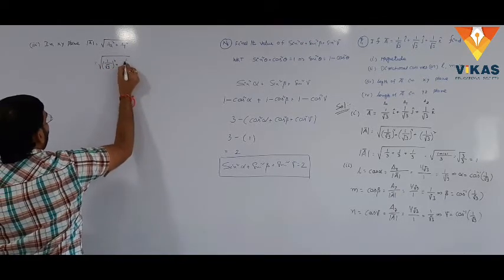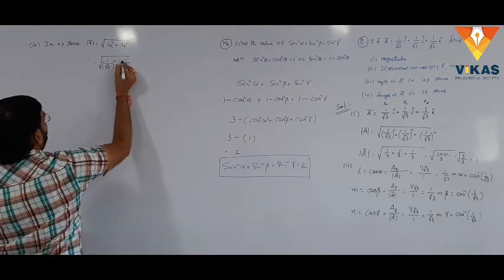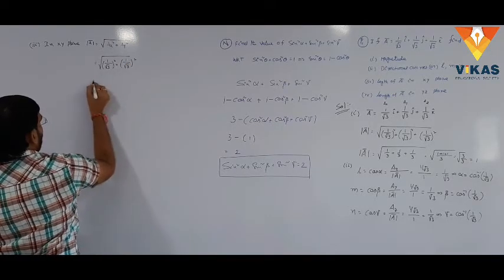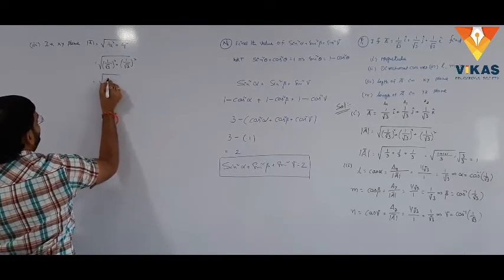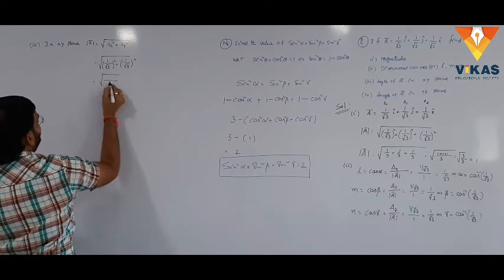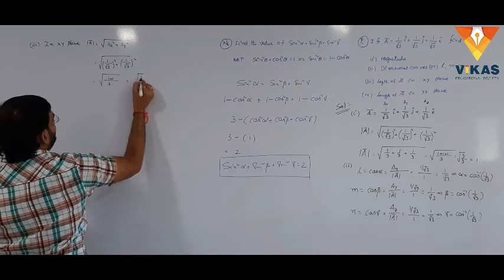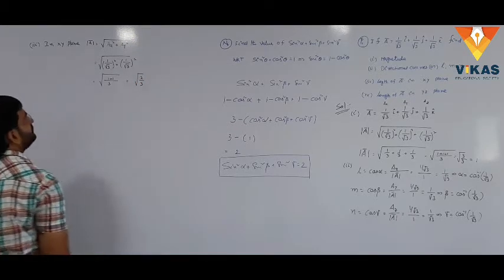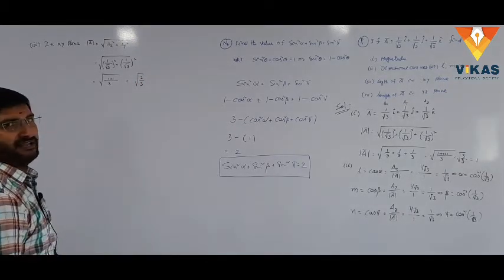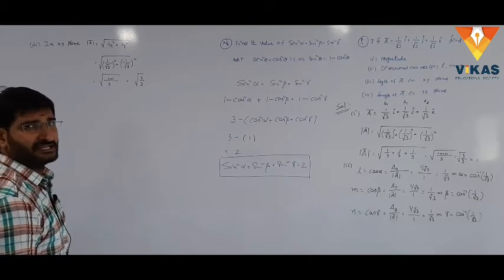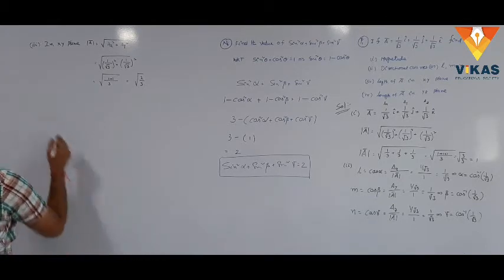What is the value of ay? 1 by root 3 whole square. Simply, 3 is the LCM, 1 plus 1, this is root over 2 by 3 units. That is the length of the vector in xy plane.